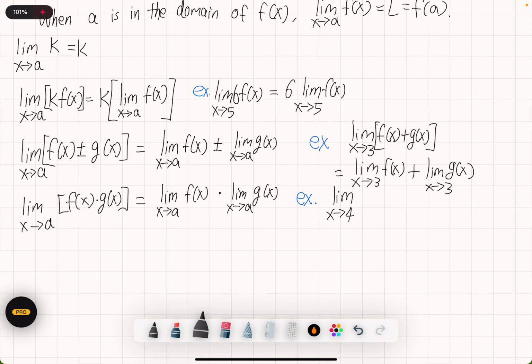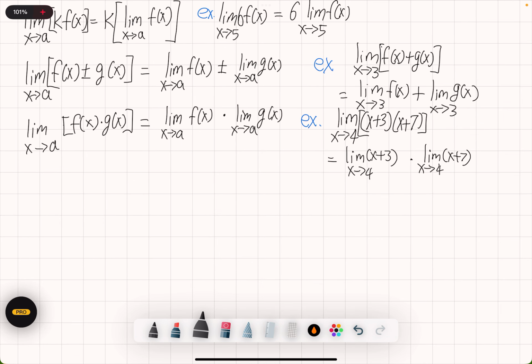The limit of x plus 3 times x plus 7 as x approaches 4 equals the limit of x plus 3 as x approaches 4 times the limit of x plus 7 as x approaches 4.